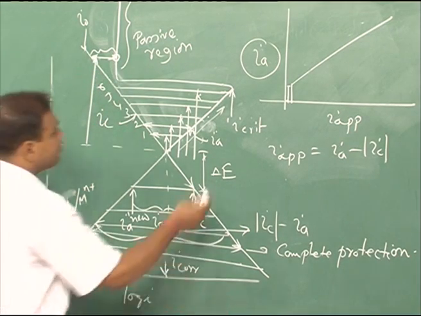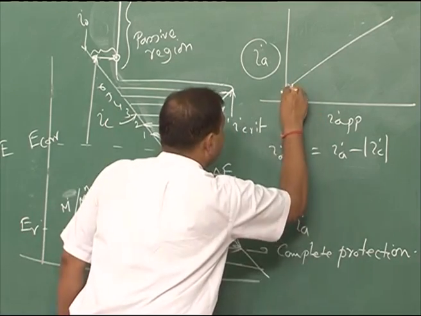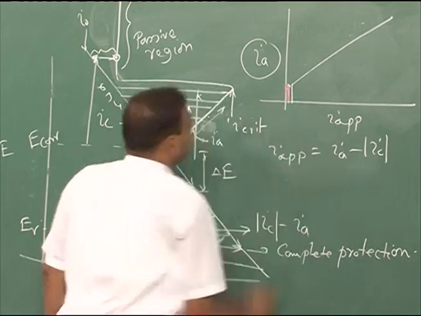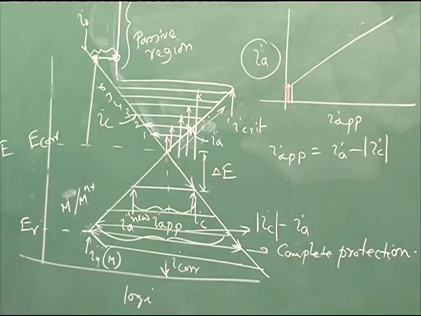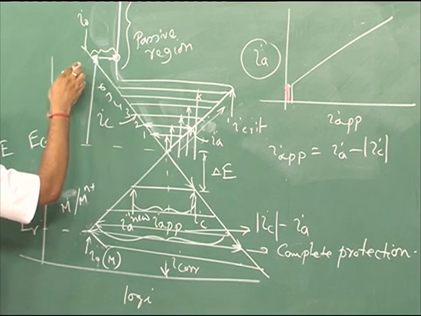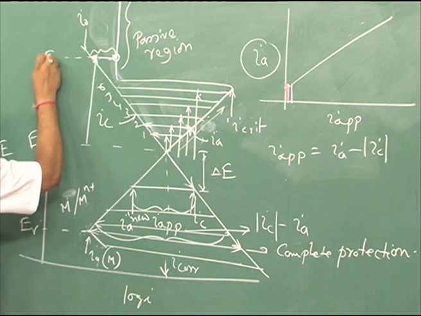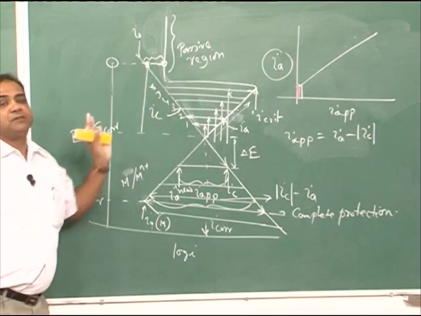So, IA will come to this point. I am putting it as a red point, and this is the point we have reached. If we can maintain this potential, what would happen? I will always experience a corrosion rate in the passive region.